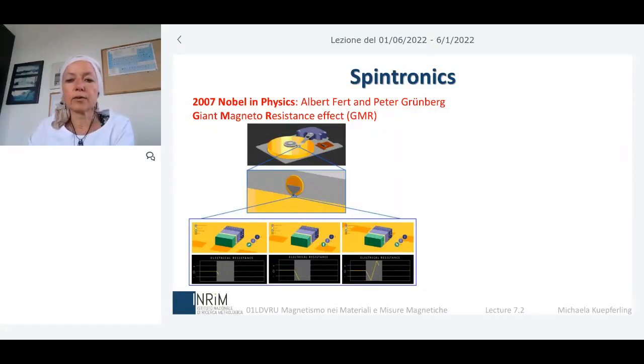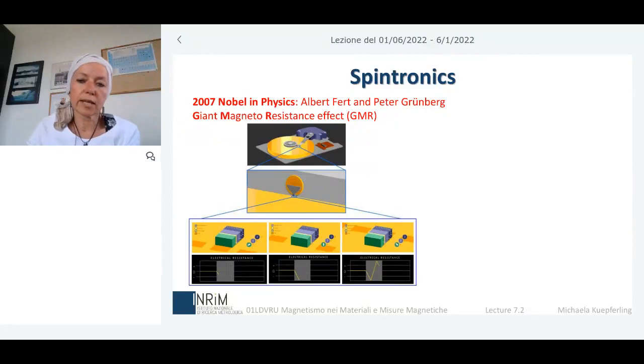Vittorio already told you exactly what the GMR is. We saw this in detail from a theoretical point of view, but from an application point of view, what maybe caused it to be awarded the Nobel Prize is that we have a very important application.